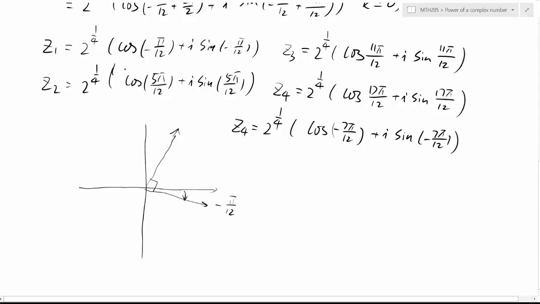This angle over here is 5 pi over 12. And then if we go to the other side, this is going to be 11 pi over 12. That's the angle. And then we have another one over here. And then we look at this angle over here. That's the principal value of the angle. It's negative 7 pi over 12. So we have 4 roots of this complex number 1 minus root 3i.